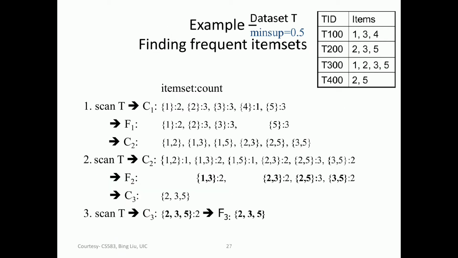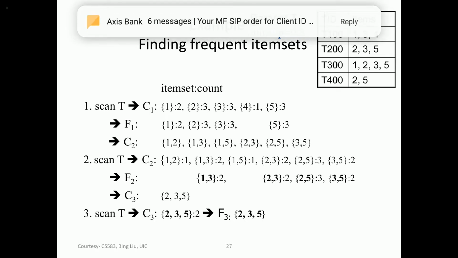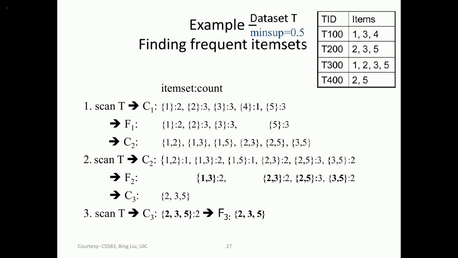So let us have this particular example. Here we have only 4 transactions. In the first transaction we have items 1, 3, 4. In the second we have 2, 3, 5. In the third we have 1, 2, 3, 5, and in the fourth we have 2, 5.